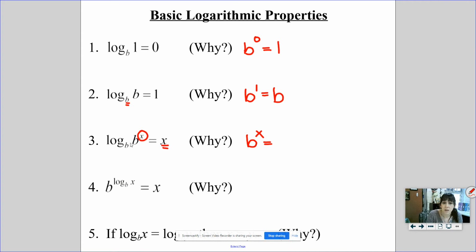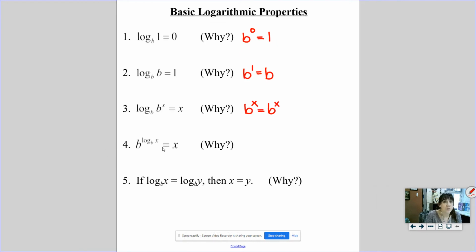And that's supposed to be the inside value. So b to the x equals b to the x is what we end up with when we rewrite it as an exponential. And when you write it that way, that makes sense because obviously these two things are the same, aren't they?